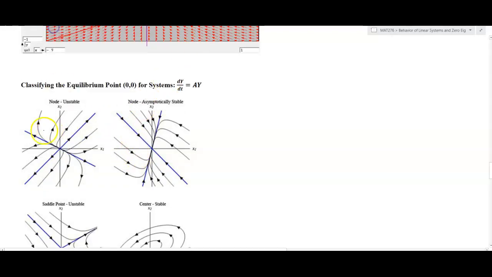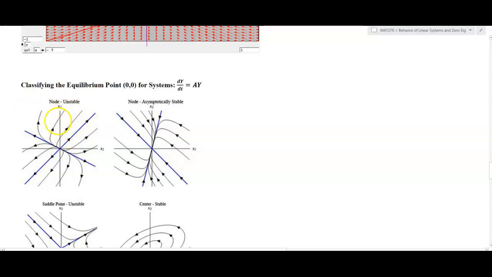So you can see here the blue lines, and this is without loss of generality. These represent the lines on which the eigenvectors lie, but these can be rotated any number of ways. We've seen the eigenvectors lying along the two axes, and we've seen them as 1, 1 and negative 1, 1. There are infinitely many ways those eigenvectors can show up depending on the coefficients of the A matrix itself.